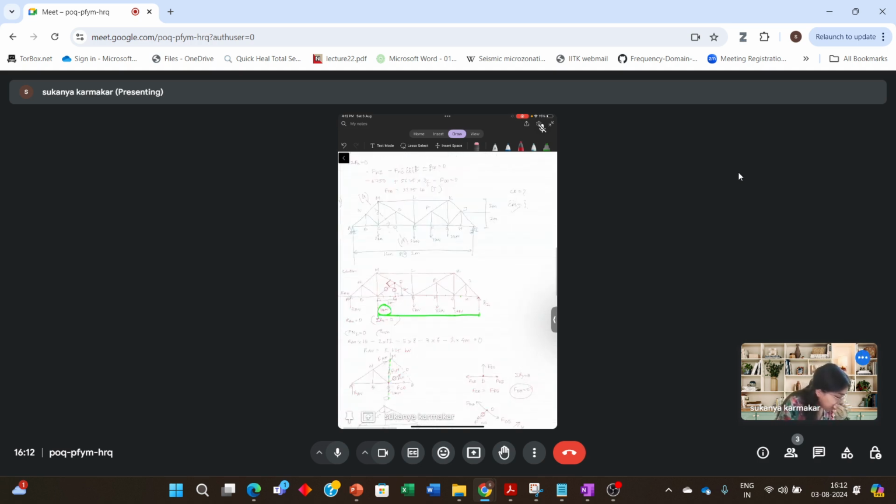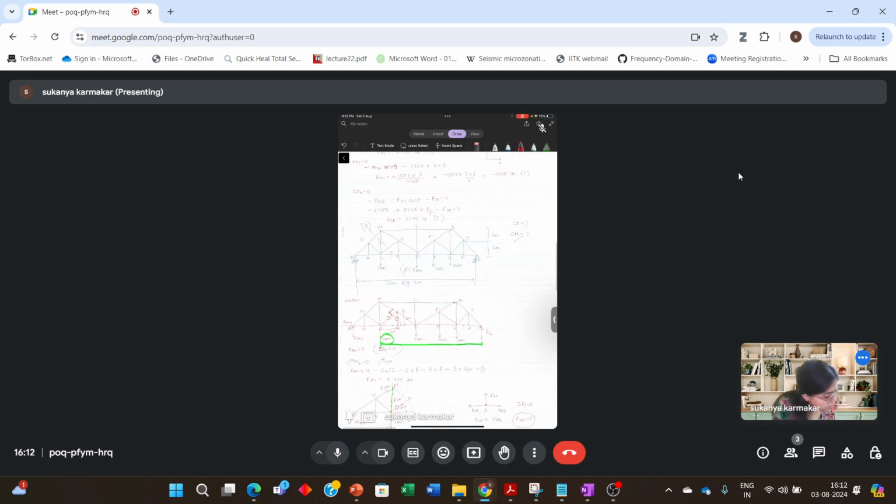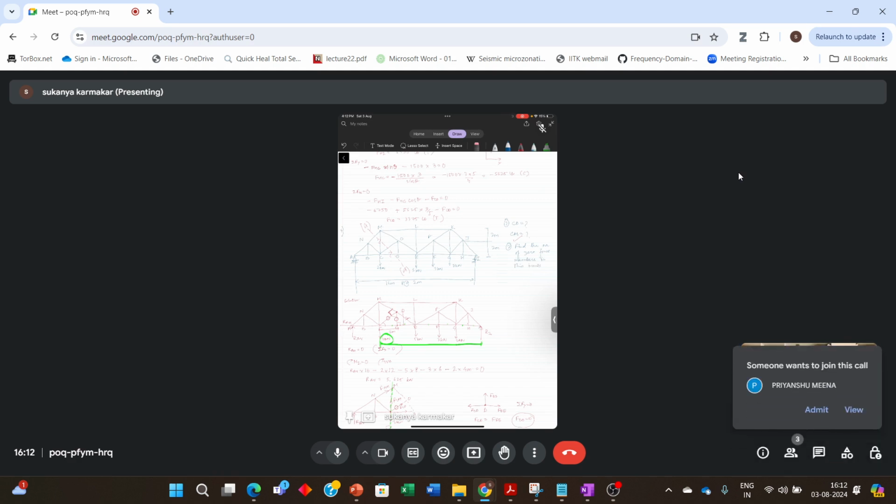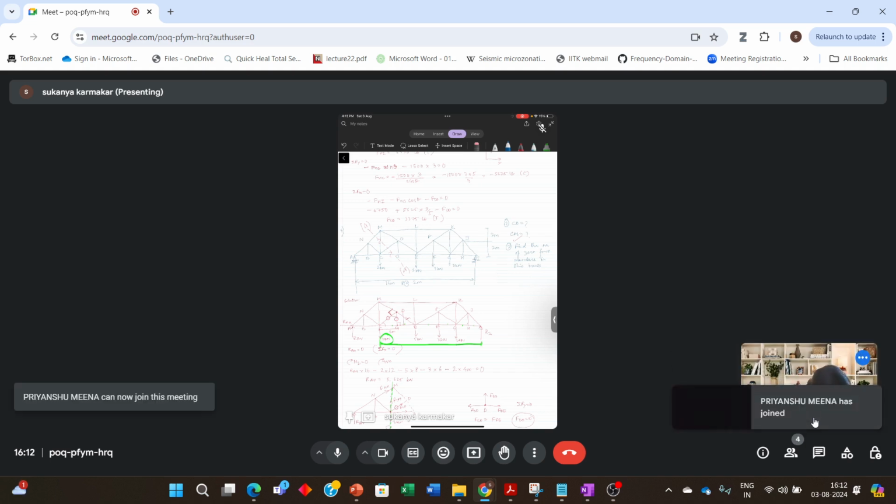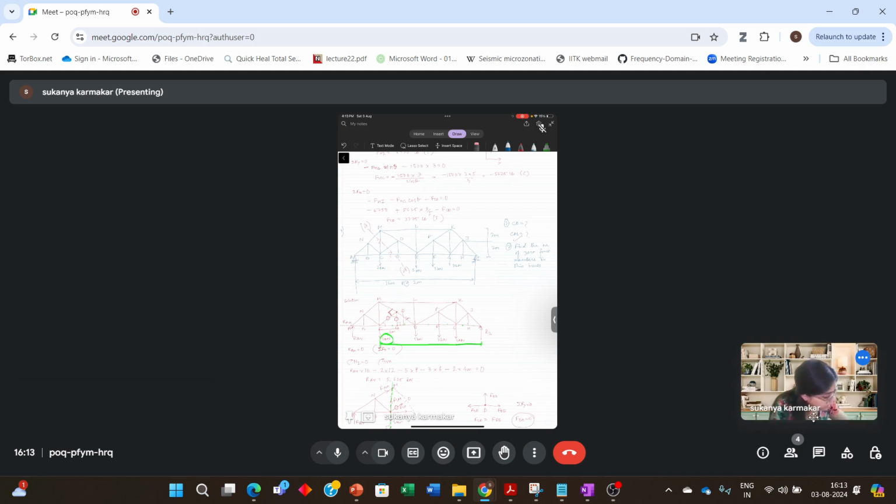So a second part to this question: this was part one, and part two is to find the number of zero force members in this truss. So in this truss, you have to find out the number of zero force members.